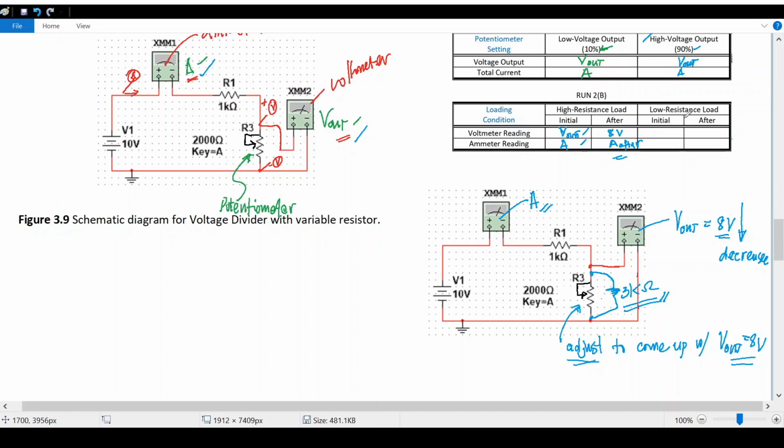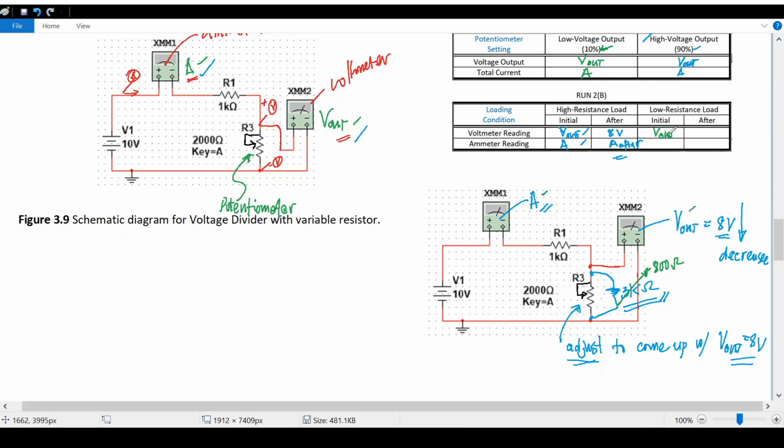Now, for the low resistance load, we shall change the value of the load resistance to, let's see, 800 ohms. So you change this to 800 ohms and observe the new voltage output.